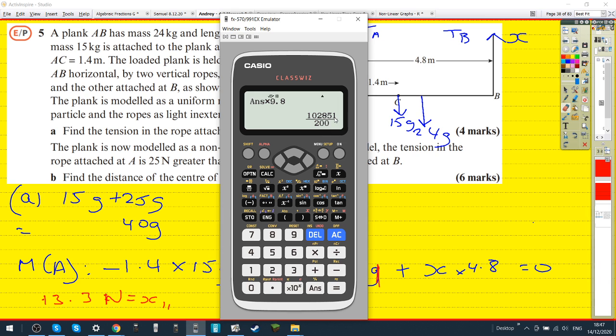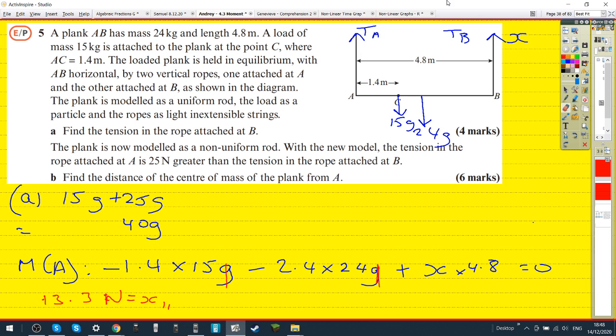It was like 156 or something, was it? 129. No. Okay. So, the last force, tension in B. There's no G. It's just X times 4.8.